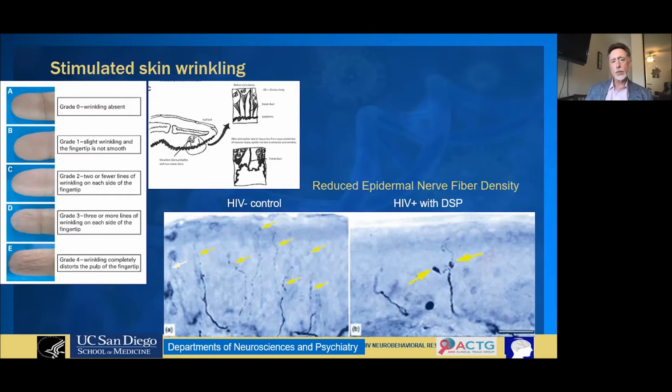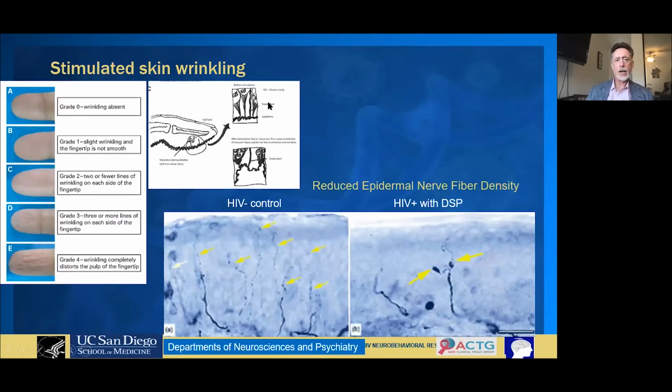Stimulated skin wrinkling is an interesting potential diagnostic abnormality, which I will just briefly mention because it's kind of an interesting phenomenon. So all of you are familiar with the fact that when you spend a lot of time in the water, you'll start to see some skin wrinkling, which is displayed here on the left-hand side.